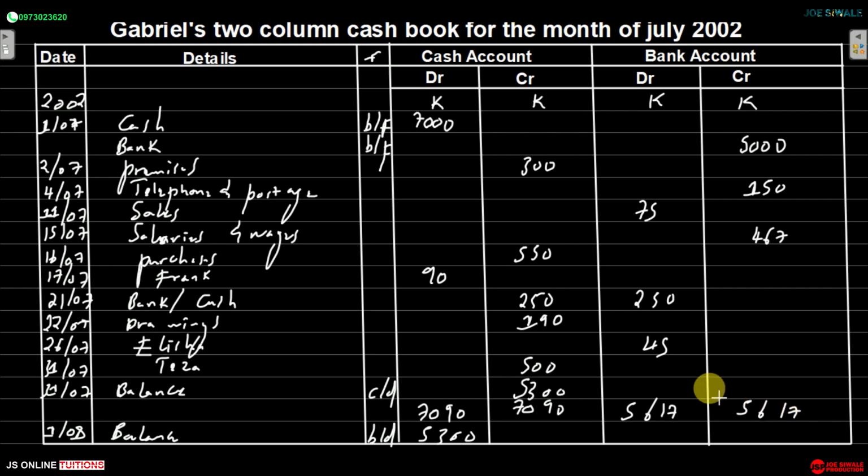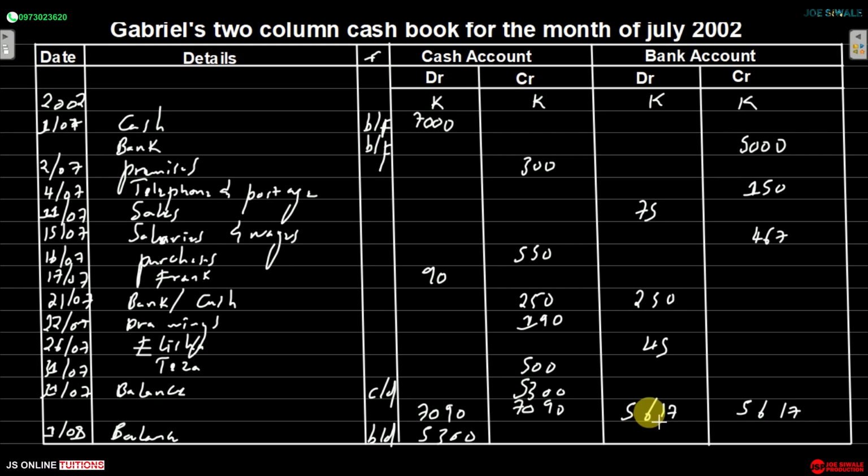So here we're supposed to find our balance carried down on the debit side. And how you find the balance carried down, you just say the larger amount that you have found, which is the total, minus the total of the debit side. So we're going to say 5617 minus 370.